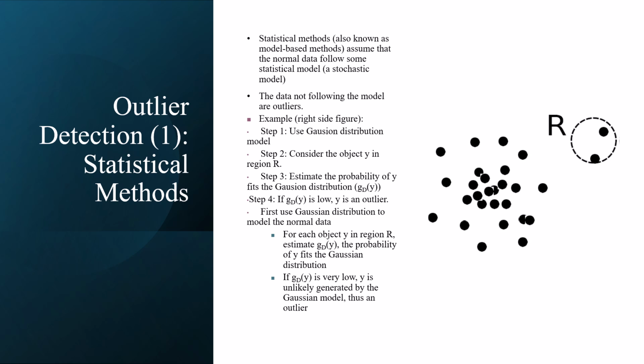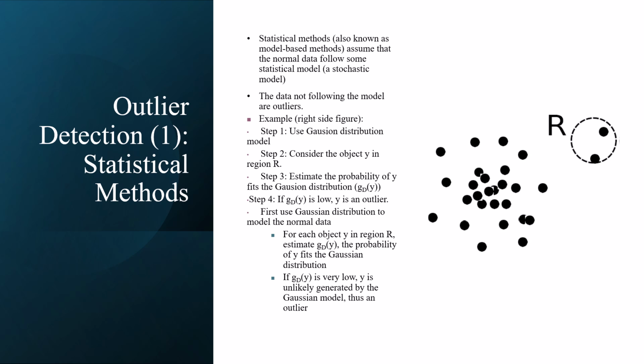Because this probability is very low, y is unlikely generated by the Gaussian model and this is an outlier. The effectiveness of statistical methods highly depends on whether the assumptions made for the statistical model hold true for the given data.